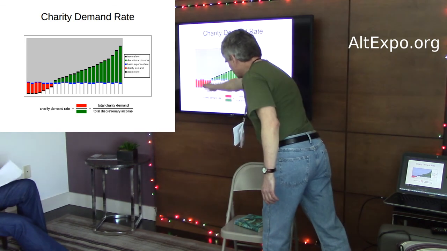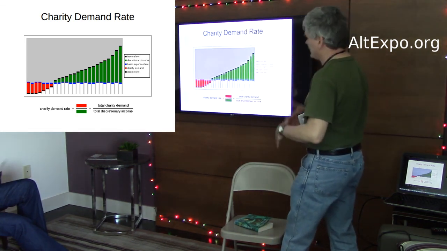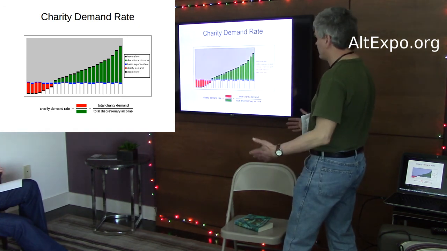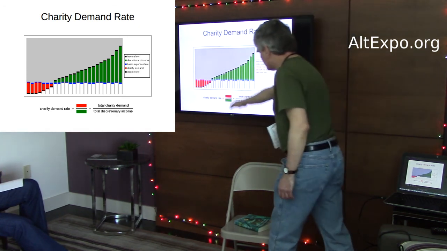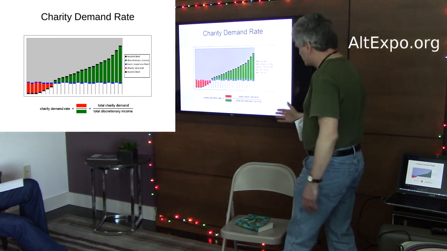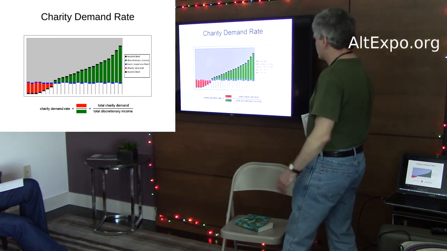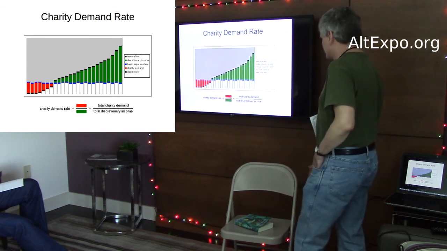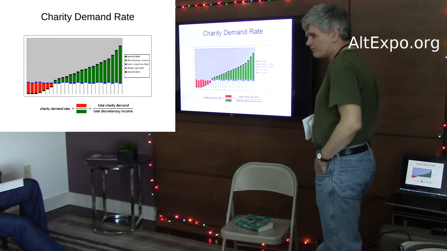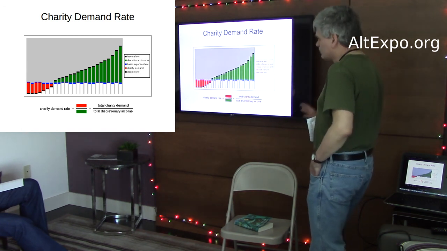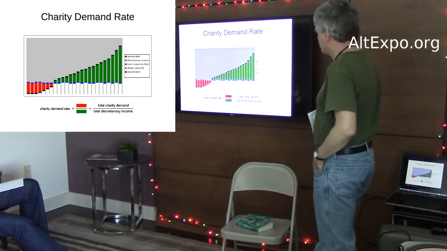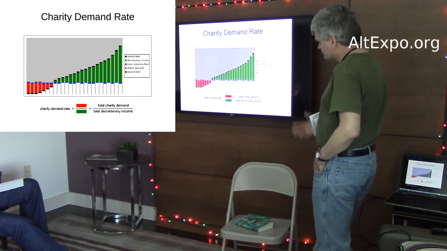And the folks on the left are not getting by, so the red area shows how much more they would need just to get by. So the charity demand rate is the red as a percentage of the green, the charity demand divided by total discretionary income. The significance of this number is that if all of these people donated that percentage of their discretionary income, it would be enough to cover all the legitimately needy people.